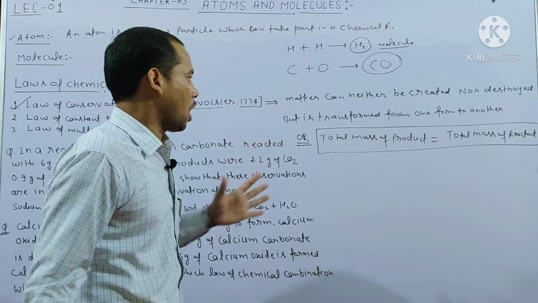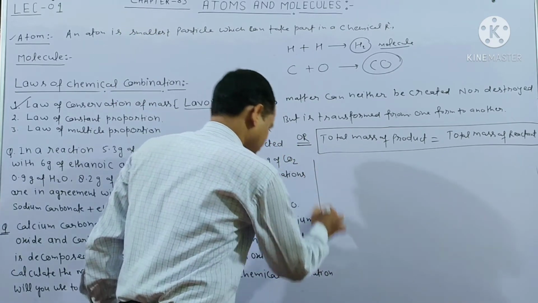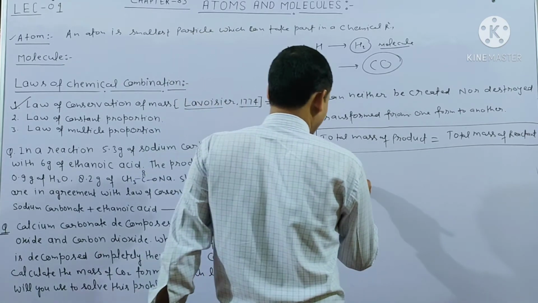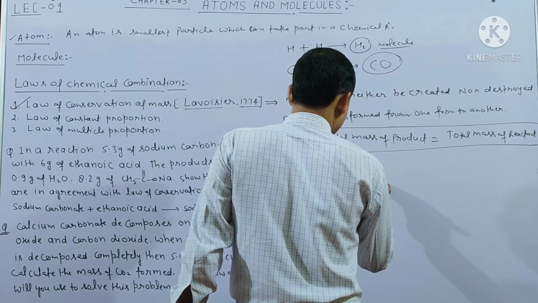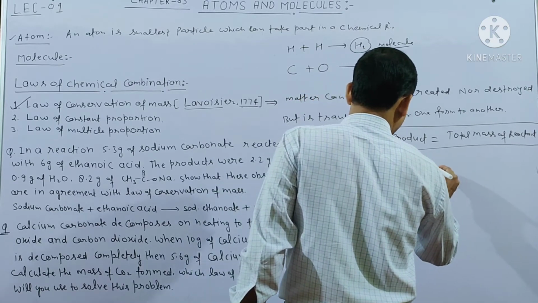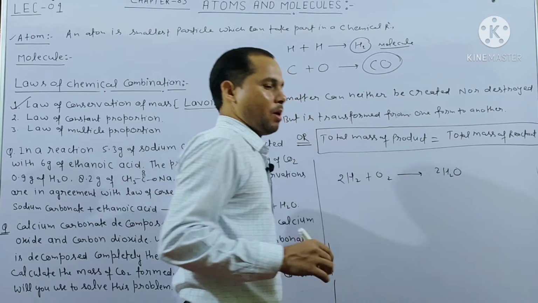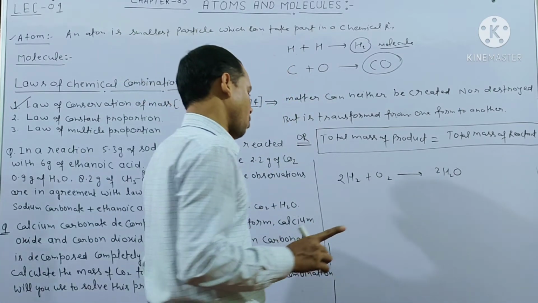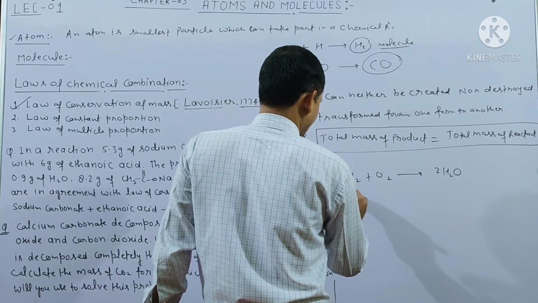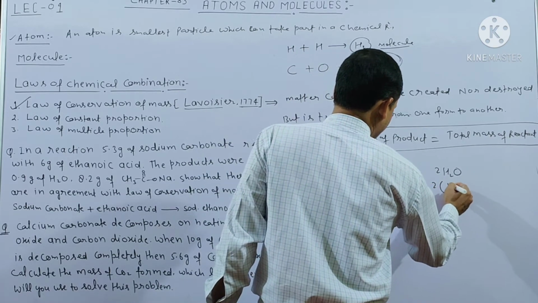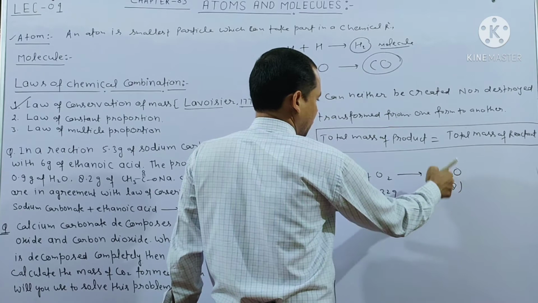Okay, so now we will explain by an example. Let's take a simple example, 2H2 plus O2, and we obtain the water molecule, 2H2O. Here the mass of one hydrogen atom is 1. So here it is 4 gram, this is 32 gram, and this one is 2 into 18, because 16 plus 2.